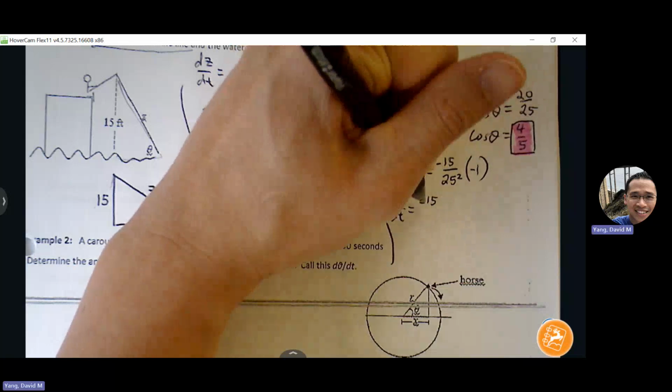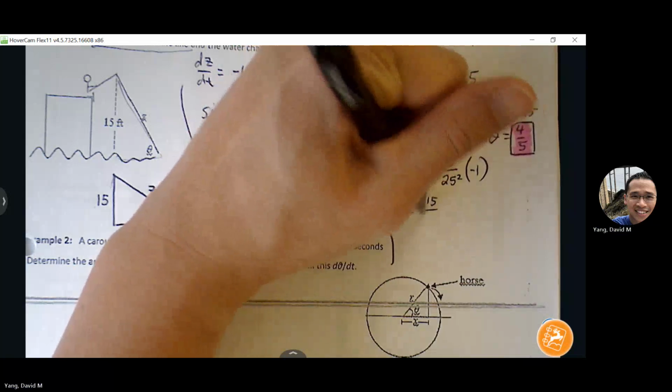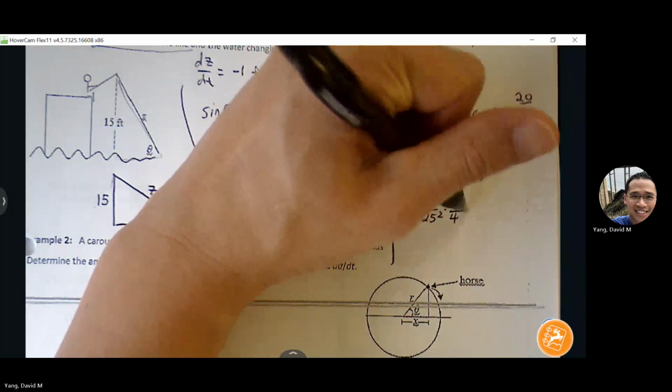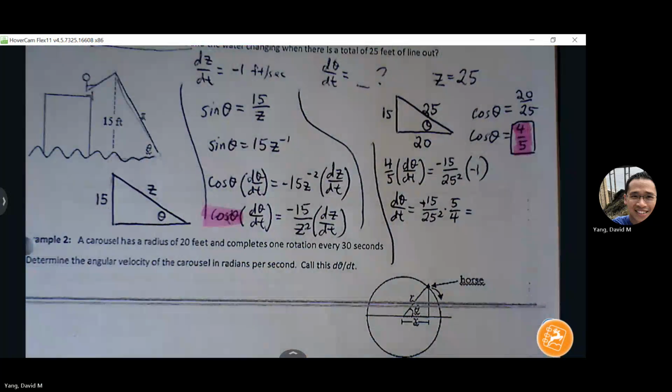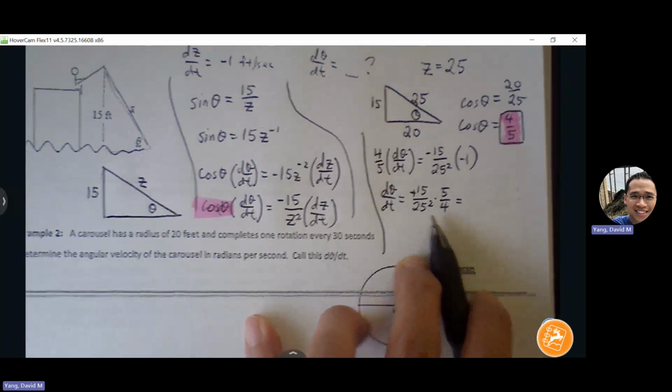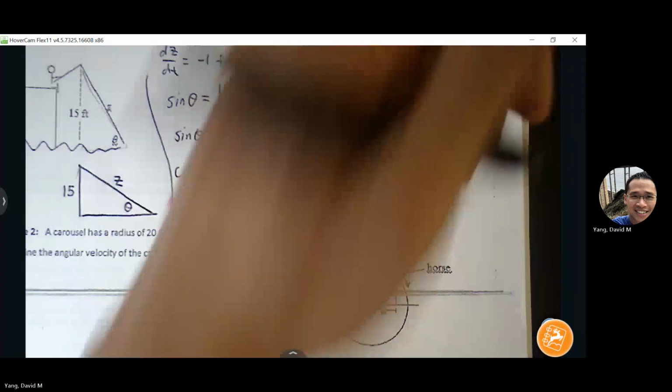The two negatives can cancel out here. So 0.03 or 3 over 100, either is acceptable.